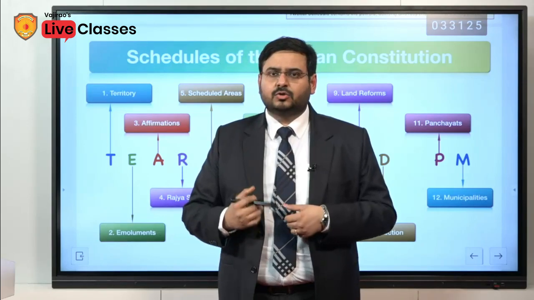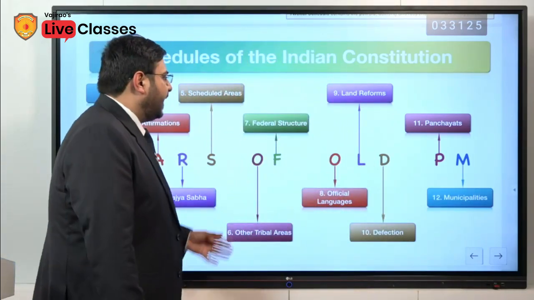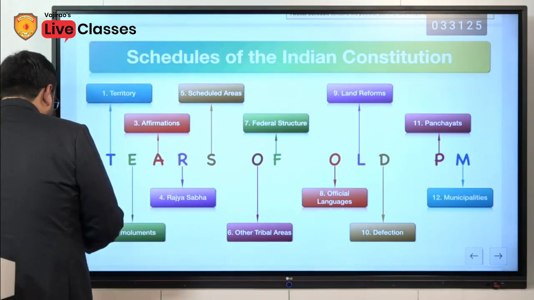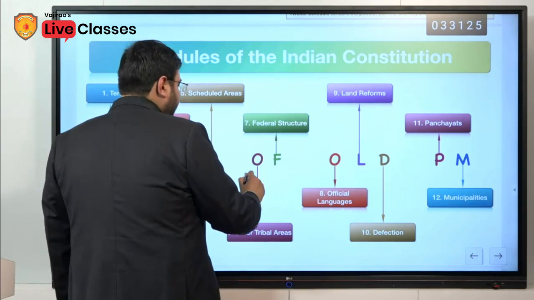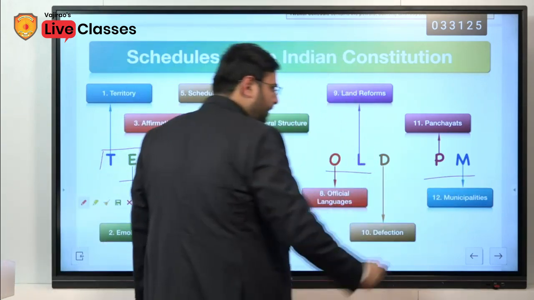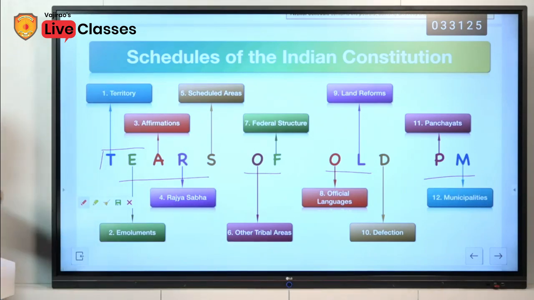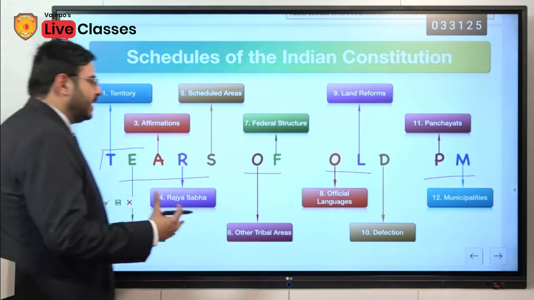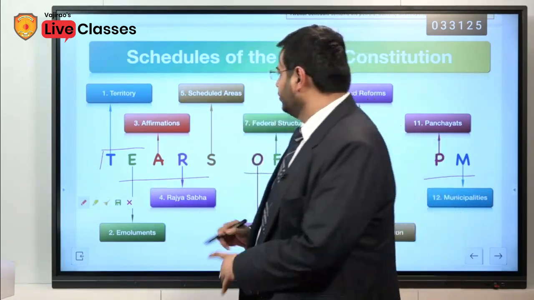I am using it to explain it to you, and this is a wonderful idea that through this acronym Tiers of Old PM, you can remember all the 12 schedules of the Indian Constitution. Have a look at this, that Tiers of Old PM is providing you all the schedules of the Constitution.